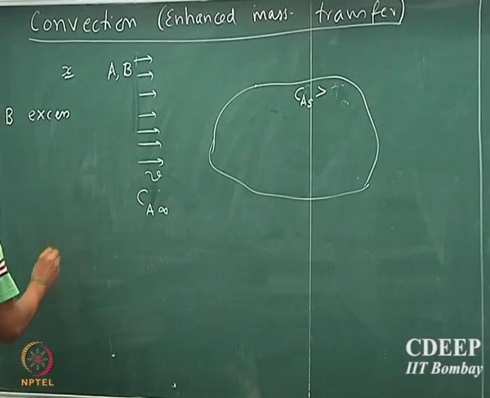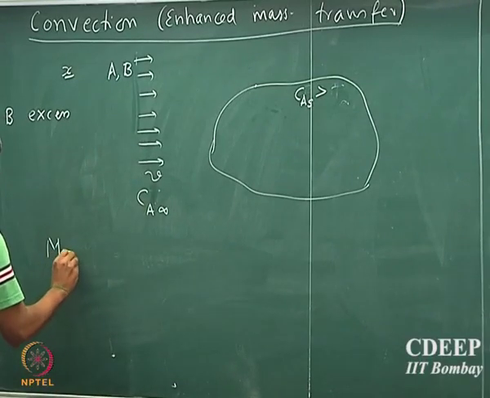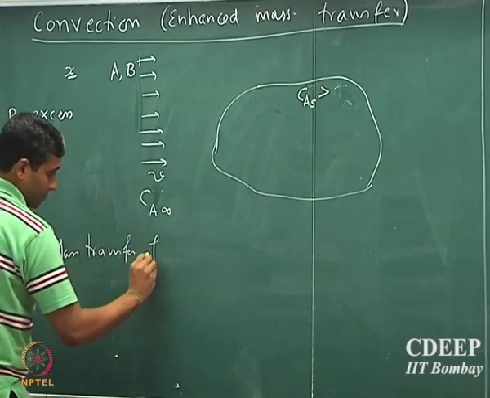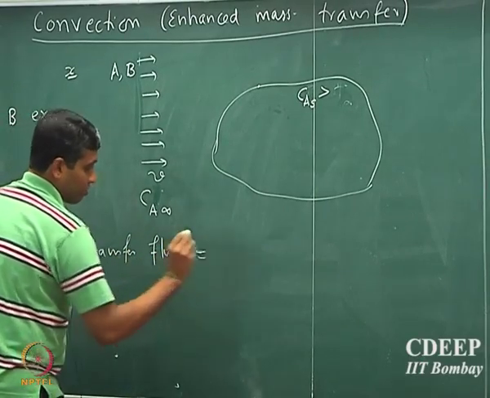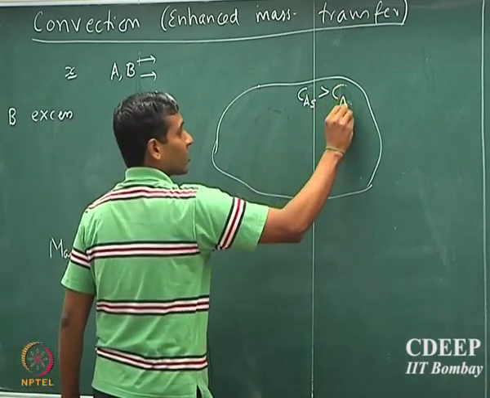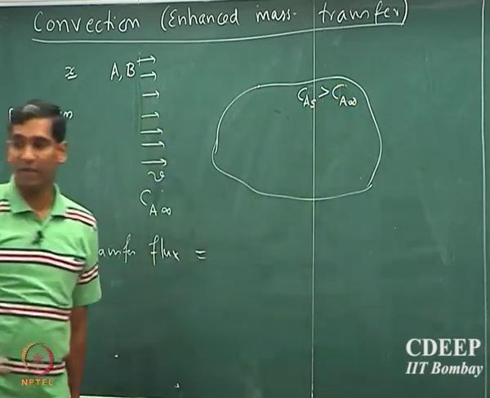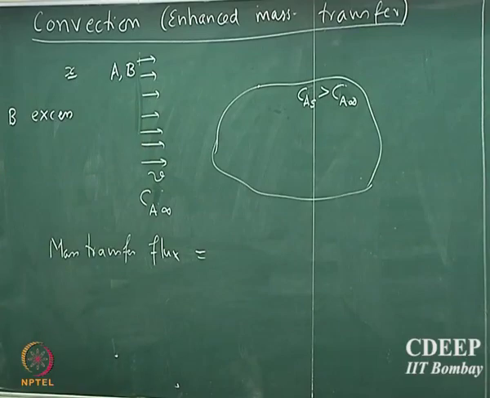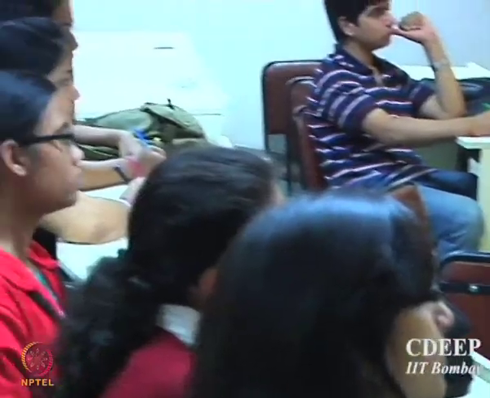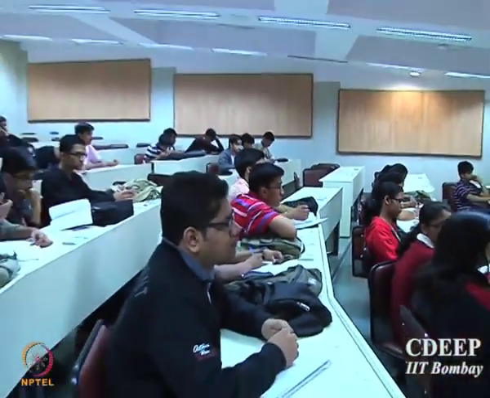and so what will be the mass transport flux? What will be the flux at any location, if I assume that CAs is greater than CA infinity? What will be the mass transfer flux? So note that heat and mass transport are similar, right?